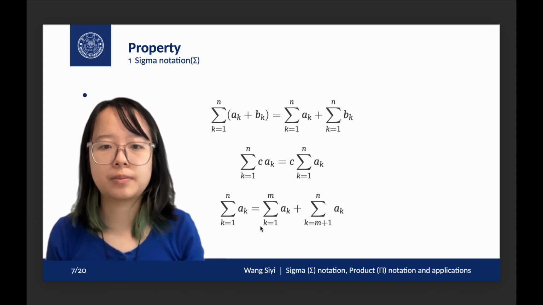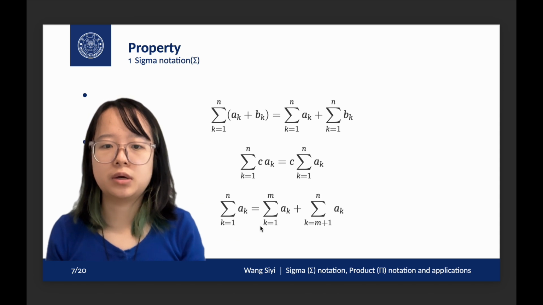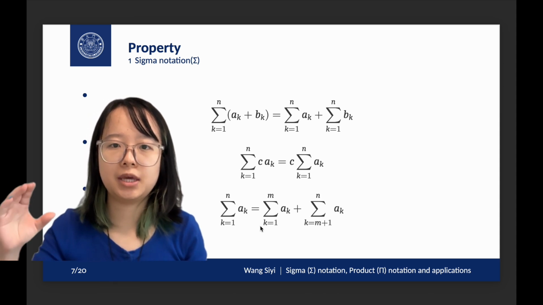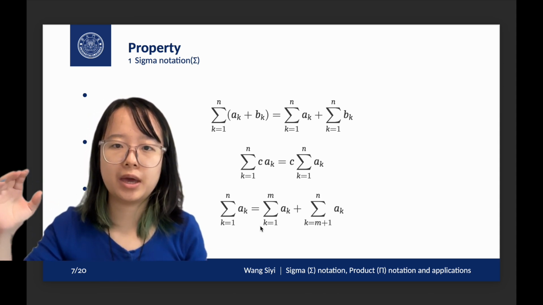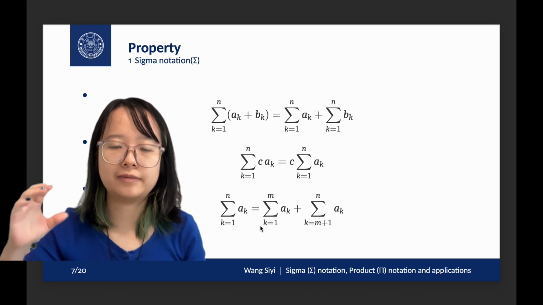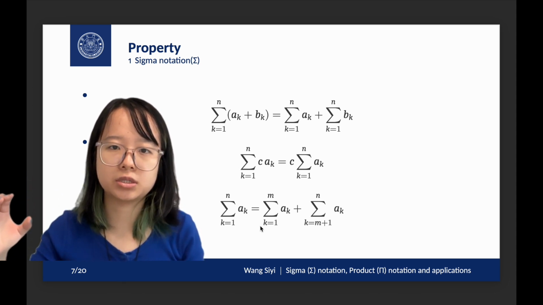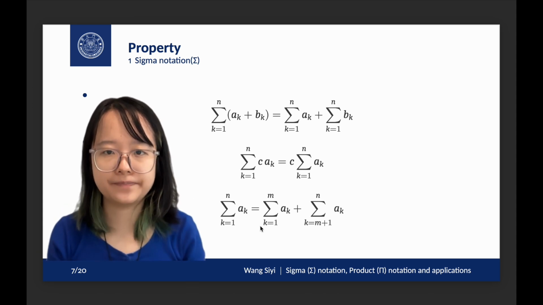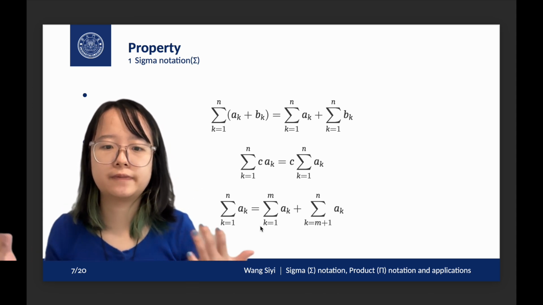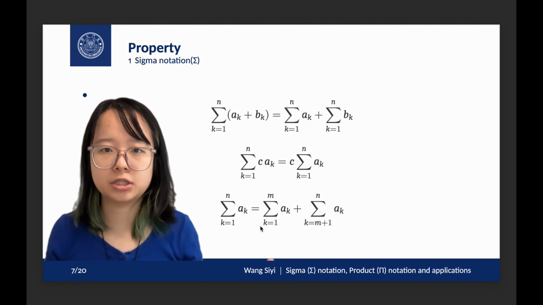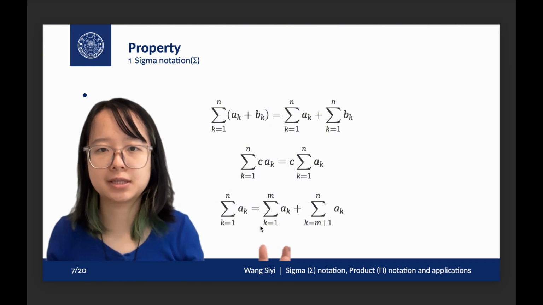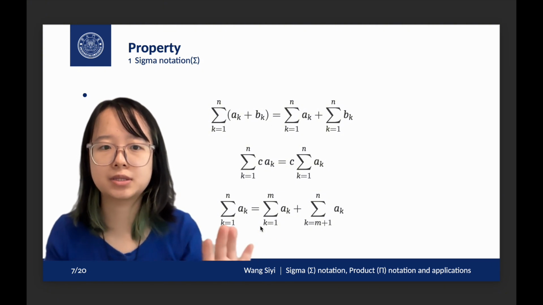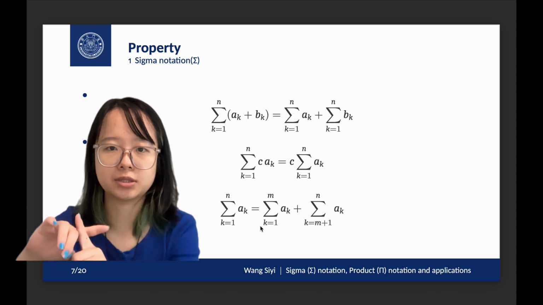The second property: because every term has the factor C, we can just take C out of our sigma notation. And the third property shows that a sigma notation can be written as separate sigma notations summed.